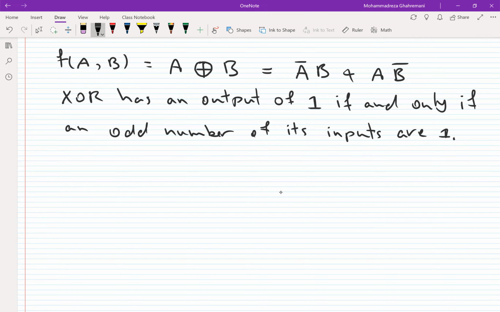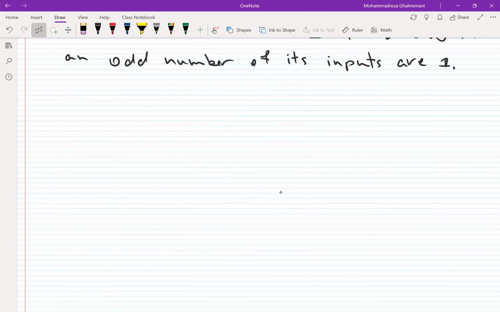So if we have two inputs, the output is one if one of the inputs is one and the other one is zero. Okay, the symbol for XOR gate is here. This one is the symbol for XOR gate.